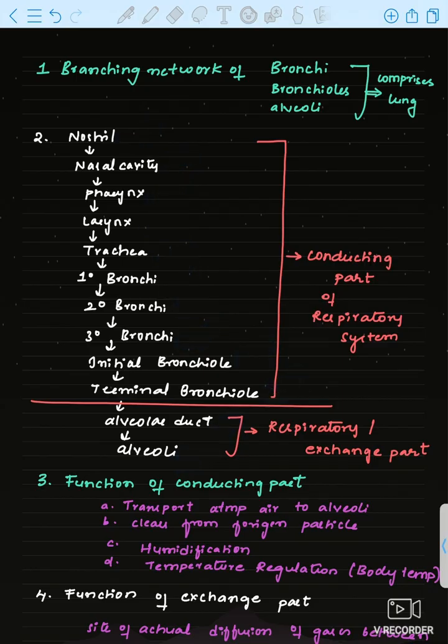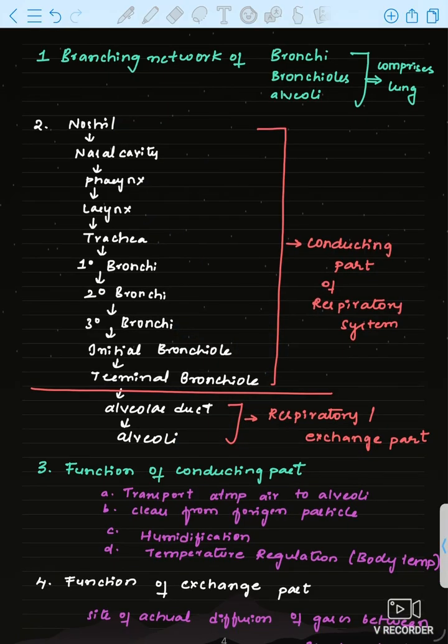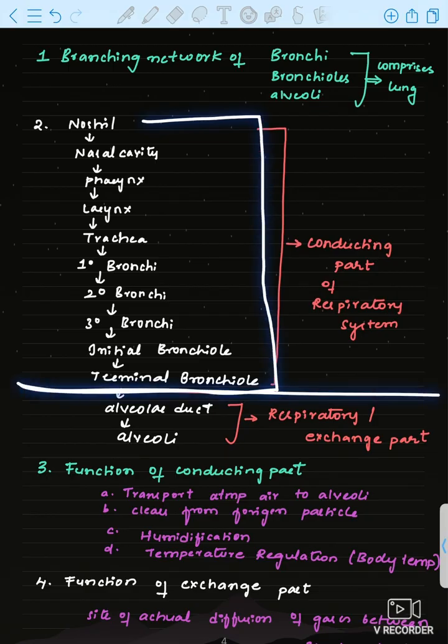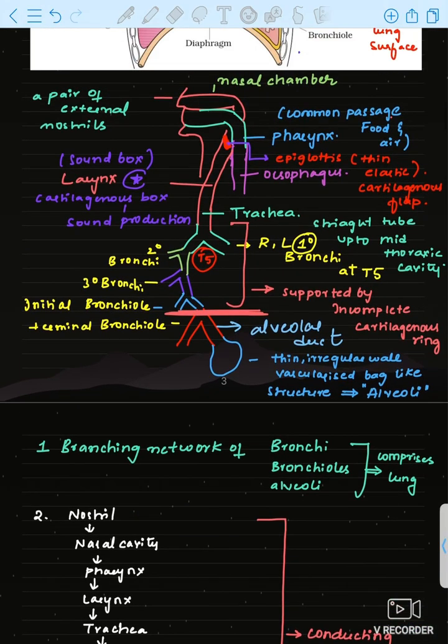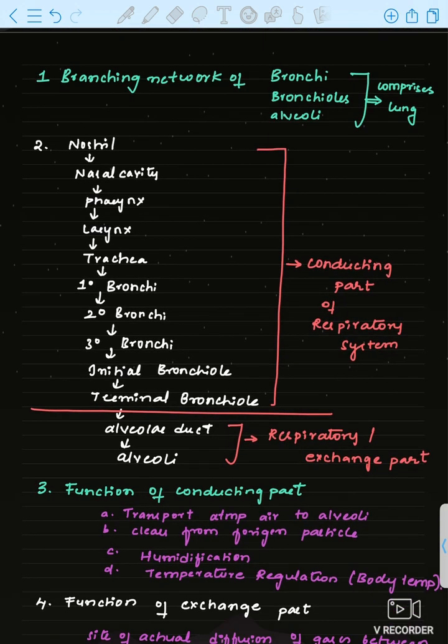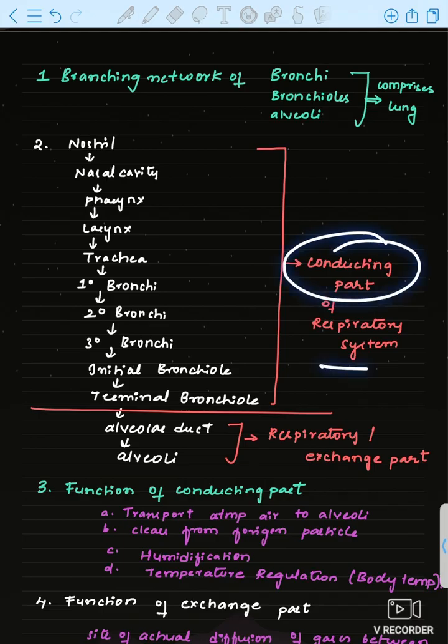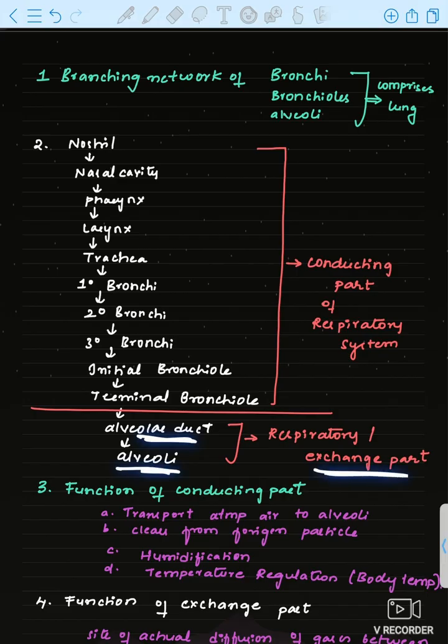Okay, so here you have to remember one thing: from nostril up to terminal bronchiole, it is the conducting part of the respiratory system. Okay, and alveolar duct and alveoli, they are the exchange part.